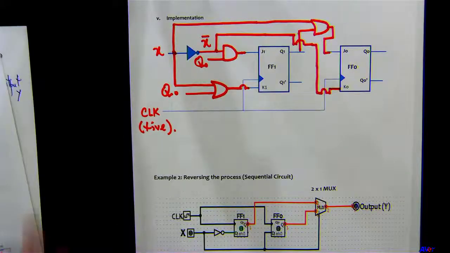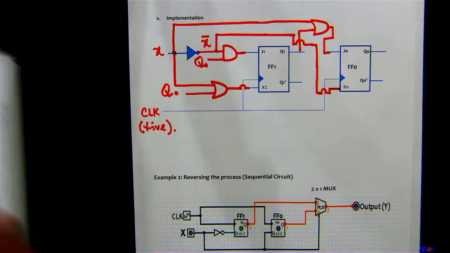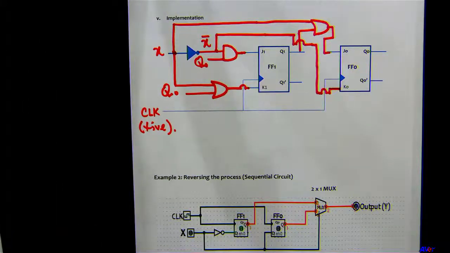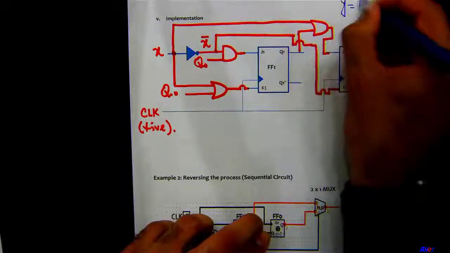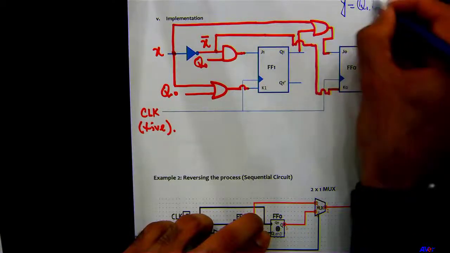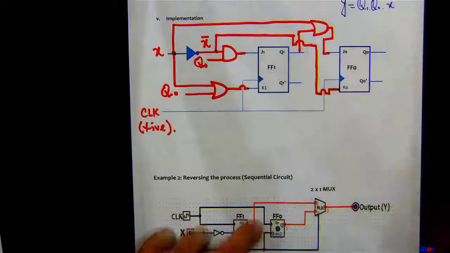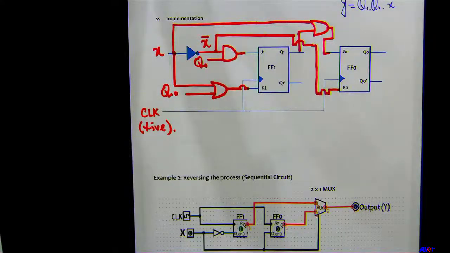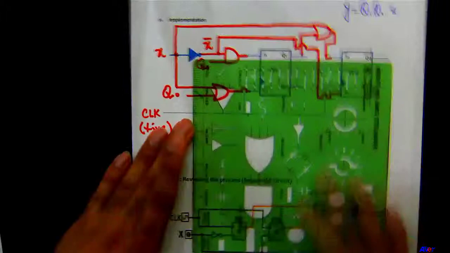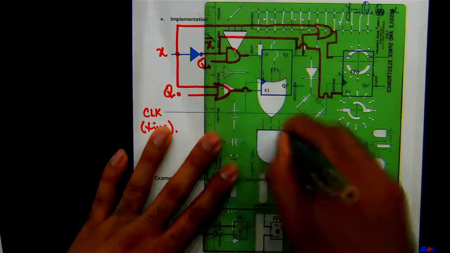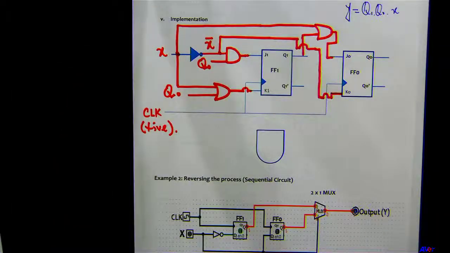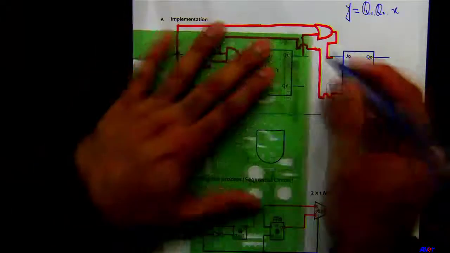Anything else that I'm missing here? Our output, correct? So what was the equation for the output? Y equals Q1 dot Q0 dot X. So Q1, which is right here.